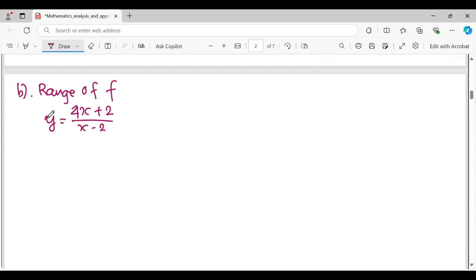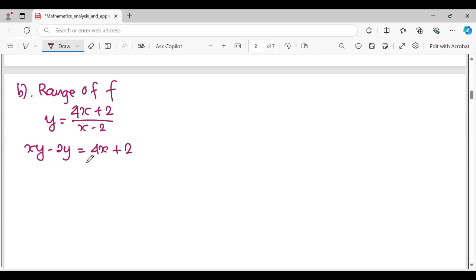And calculate for x, multiply with the denominator becomes xy minus 2y equals 4x plus 2.